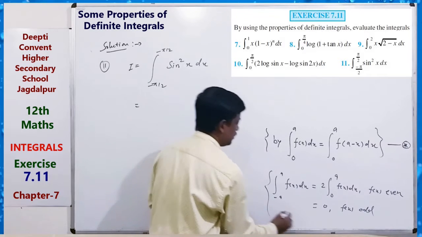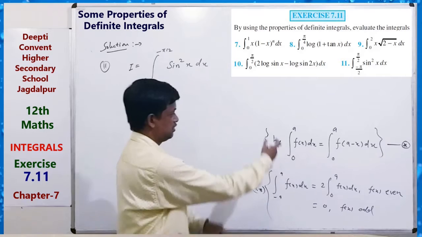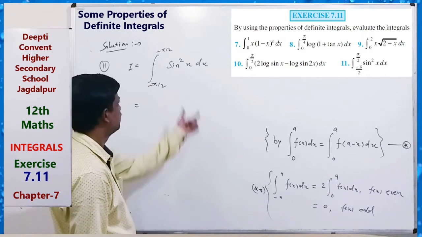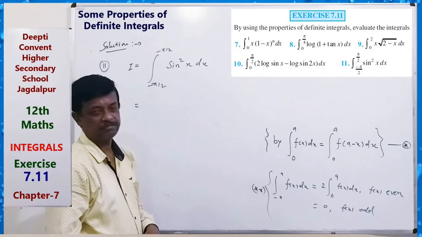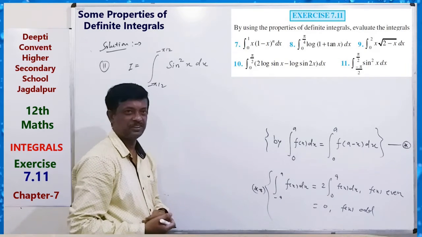Okay, this is the double star formula. Now, using this property: sin squared x is an even function, since anything squared is even.